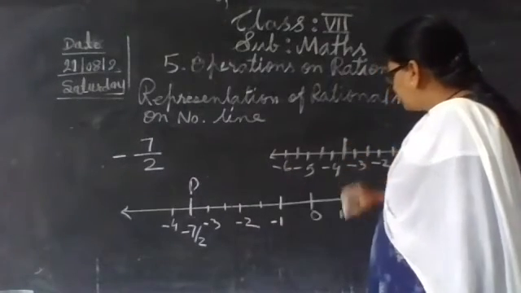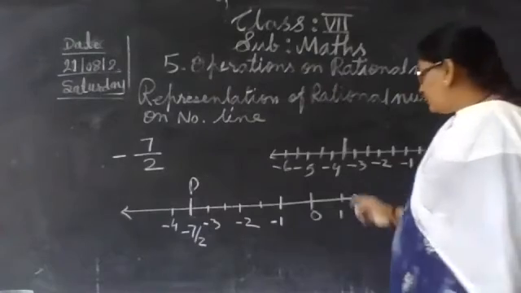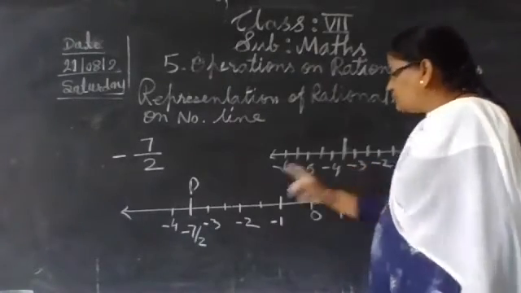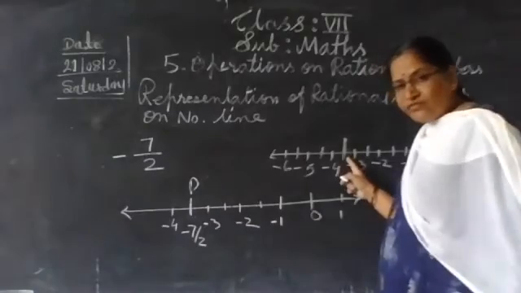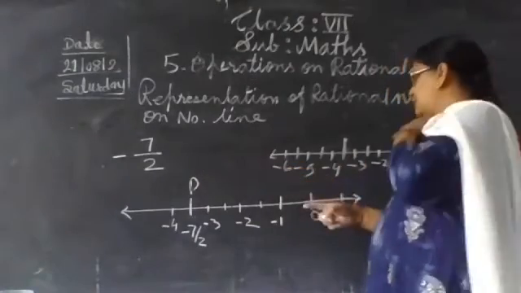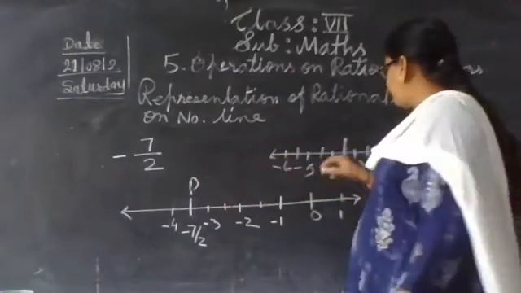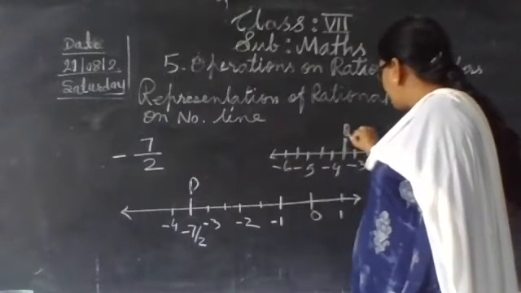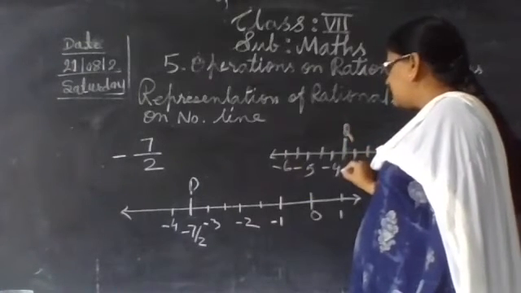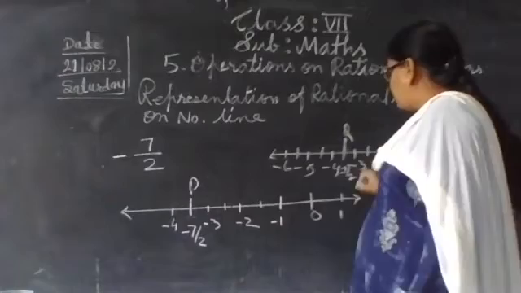See, where did we reach, beta? We reached between minus 3 and minus 4, and half of it. So here is point Q and here is minus 7 upon 2.